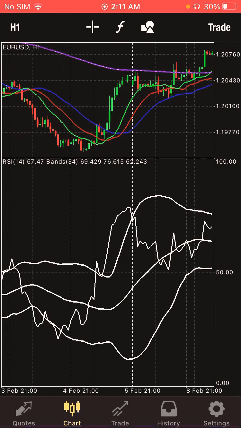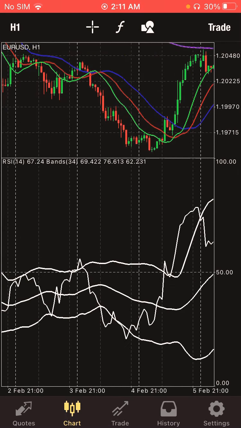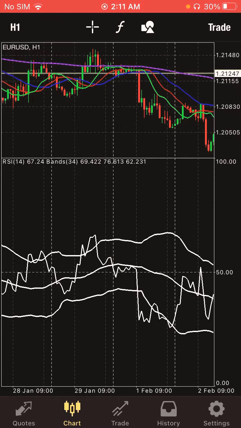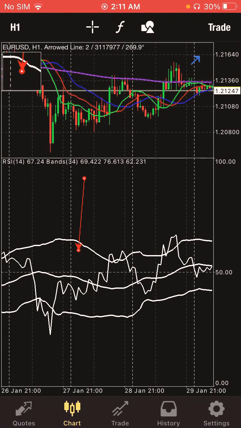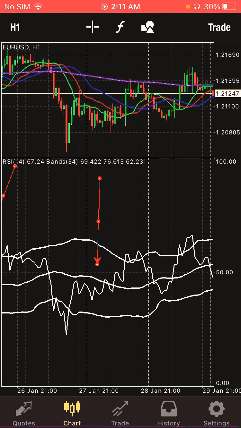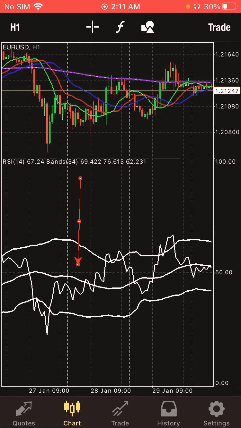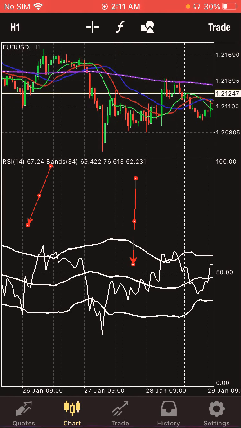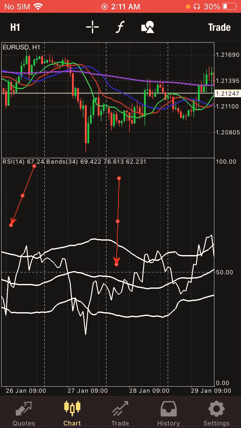So with that being said, another thing that I literally just learned is that this 50 line, this dotted 50 line, I hope y'all can see that on my screen, this dotted 50 line that's in the middle, right? If price is below it and breaks, we can only assume that price is going to go down.